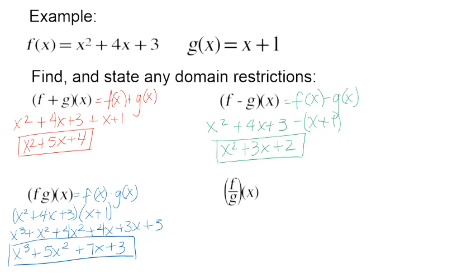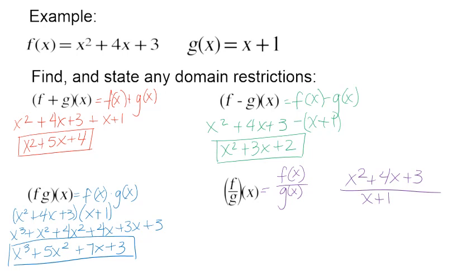All right, lastly, f divided by g of x. So this would be f of x divided by g of x. I'm going to do this over here. X squared plus 4x plus 3 divided by x plus 1. Now remember, we should always be trying to see if we can simplify. And in order to simplify, back from chapter A, we have to first factor.